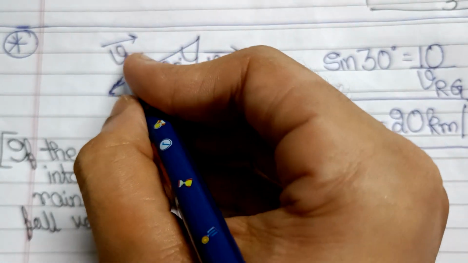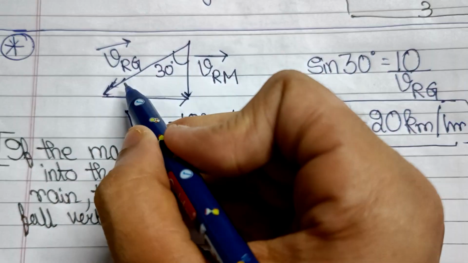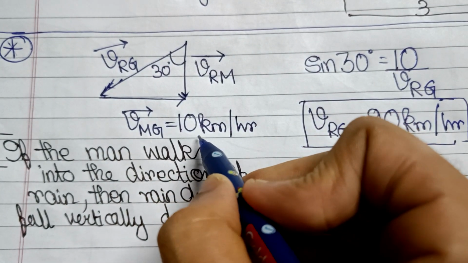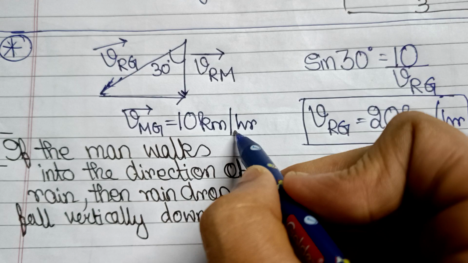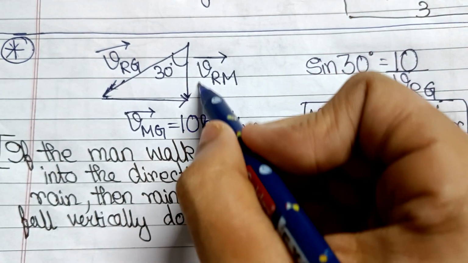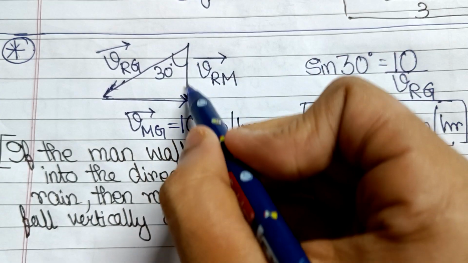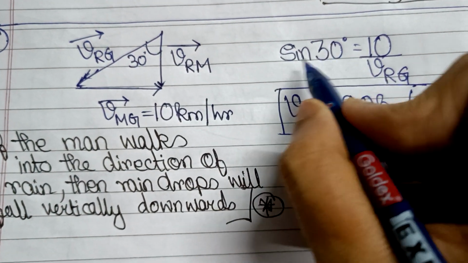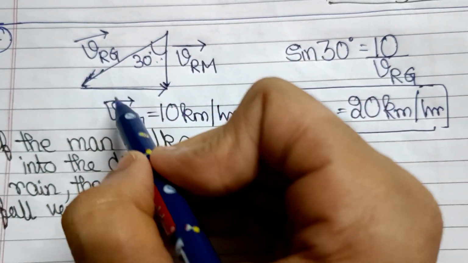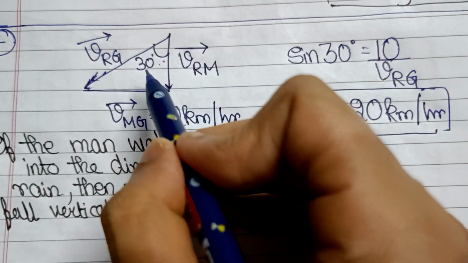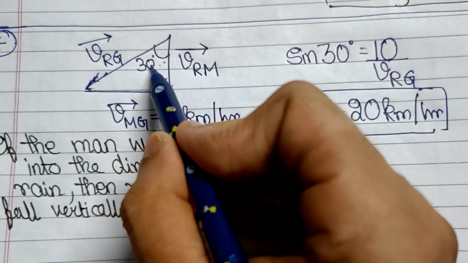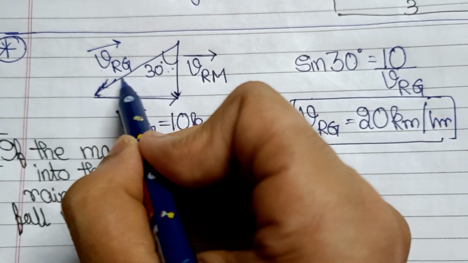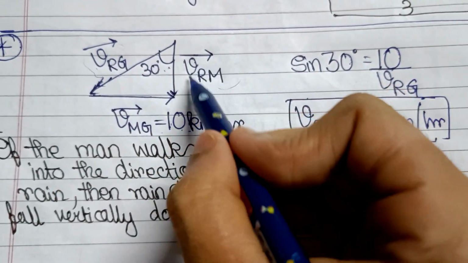So this 30 degree is for the velocity of rain with respect to ground, and as the man walks or moves at 10 km/h speed, the rain will fall vertically downwards for him. As this angle will be given, by taking sine 30 degree and tan 30 degree, we will get both this term and also this term.